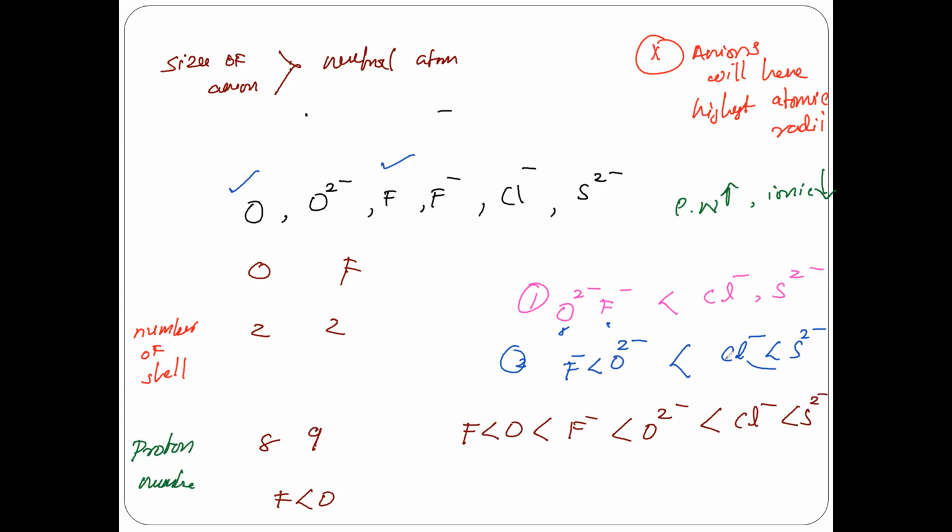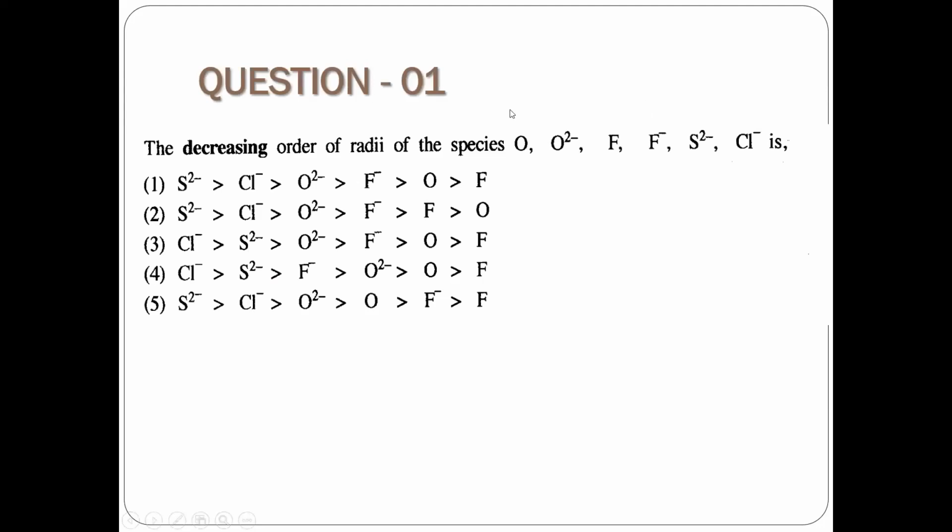So let's go to the question now. According to this, we have found the answer, right? So in the increasing order, as the atomic number increases, the ionic radii or atomic radii will decrease.